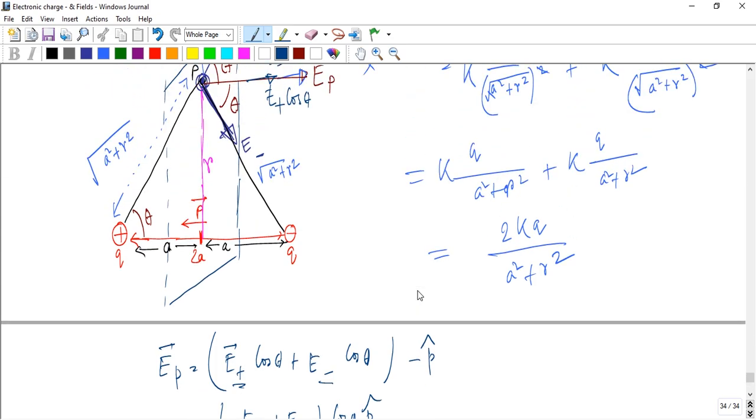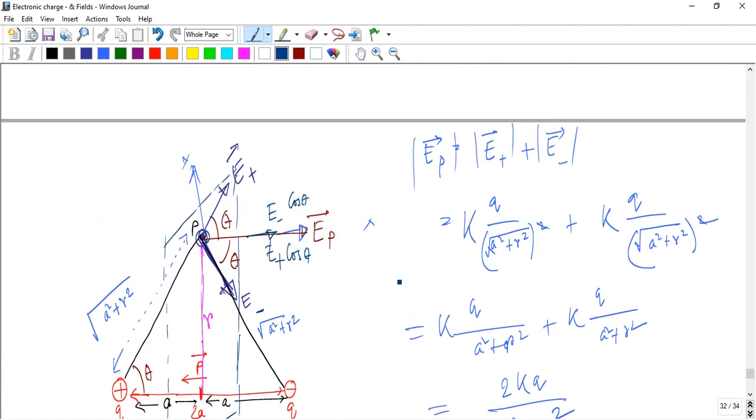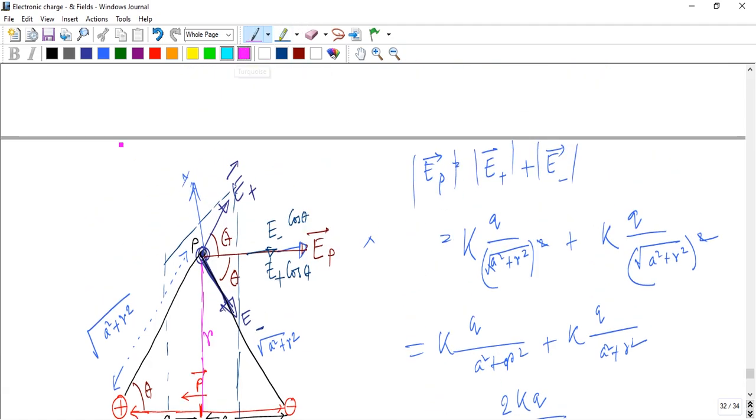Now let us solve it another way, method 2, vector algebra. E plus is in that direction, EP in that direction, and E minus in that direction. If I draw a line parallel to E plus, we apply the vector triangle law, taking clockwise as positive and anticlockwise as negative.